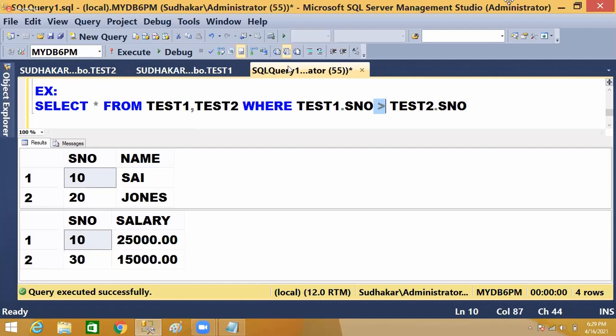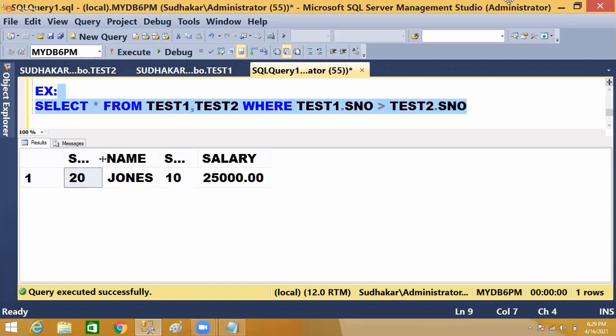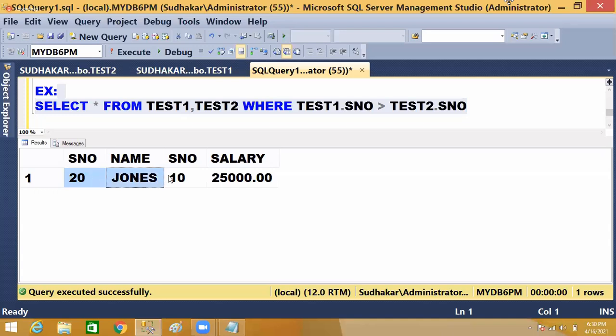Now we can see, as per the non-equi join condition, the data is retrieved from the two tables. Serial number 20 Jones and 10 25,000.